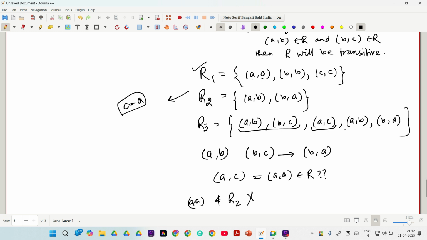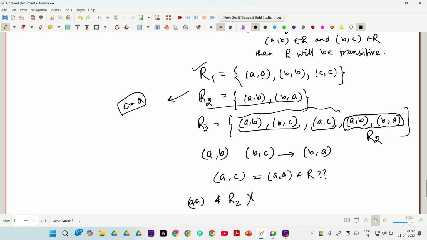So both of you did not check for this element. Again, this was the R2. In order for R3 to be a transitive relation, it must satisfy the condition for all elements.